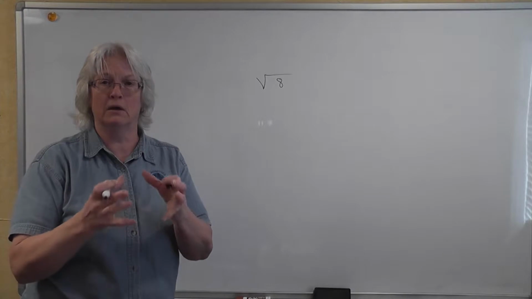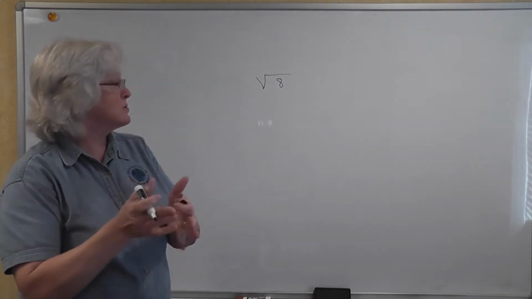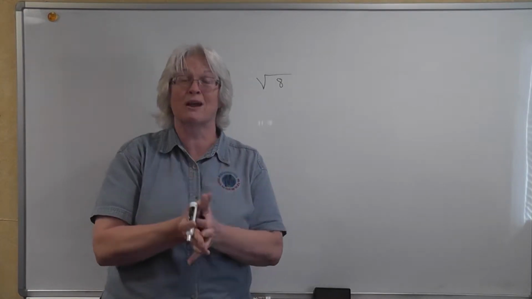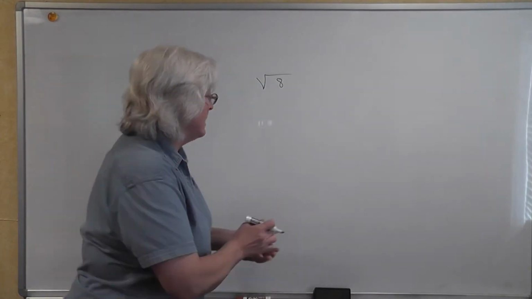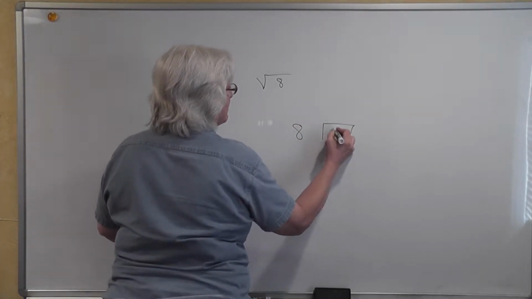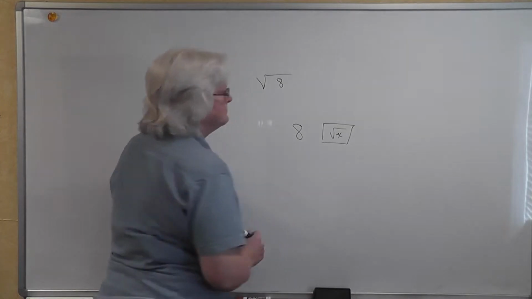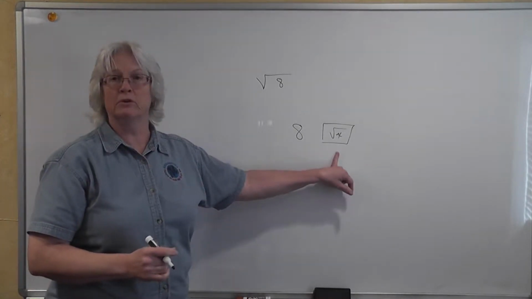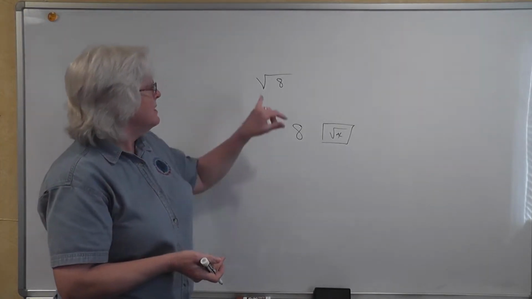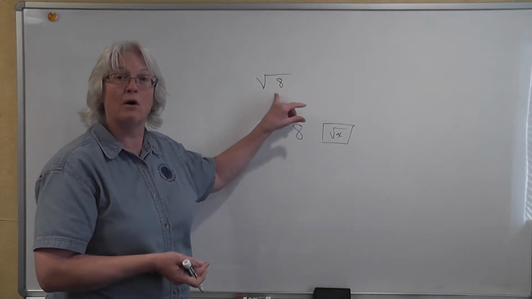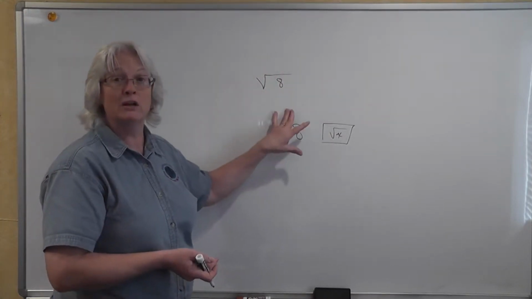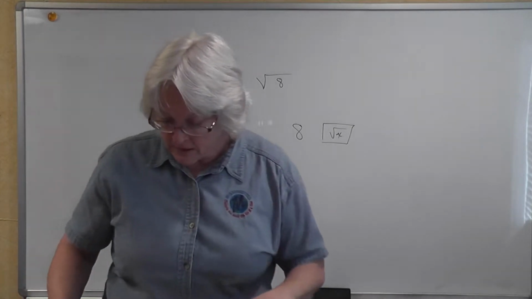You can approximate and say the square root is between this integer and that integer, or you can use your calculator, put in 8, and press the square root key, and that's going to give you a decimal approximation of it. But this right here would be what we call the exact notation for the square root of 8.